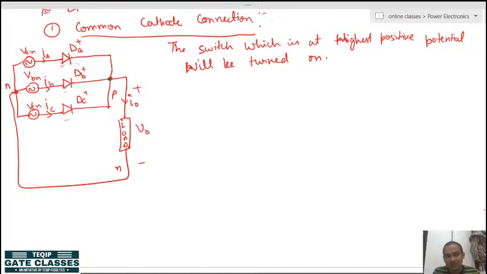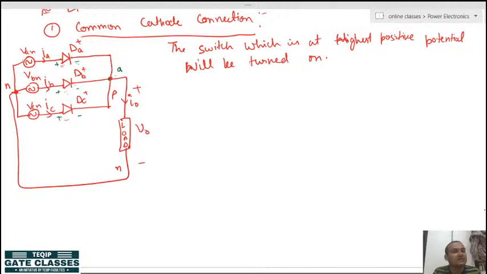Because load voltage is collected from P to N, the load will be equal to the phase voltage. You can also see that if the diode is short circuited, the load comes in parallel with phase A. But what is happening across DB positive and DC positive? At the plus side of DB it is phase B and at the minus side A voltage, so the potential across DB is BA.